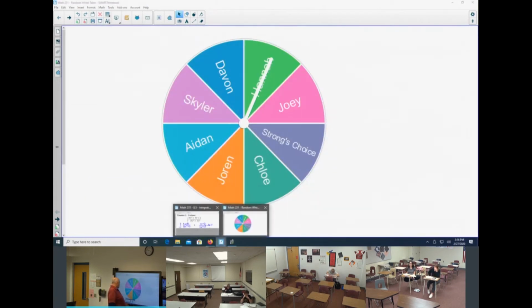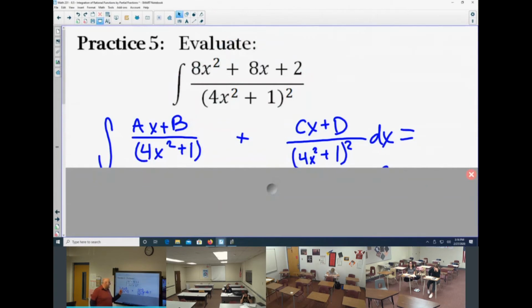All right, so Hannah, what do I multiply ax plus b by? 4x squared plus 1 squared. No, just one 4x squared plus 1, because we already have 1. So to get the common denominator, we just multiply by another one. And then what do we multiply cx plus d by?